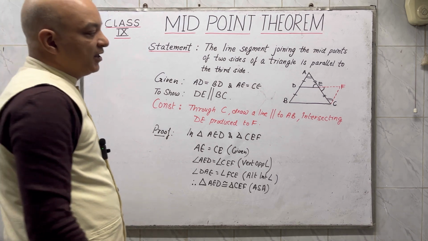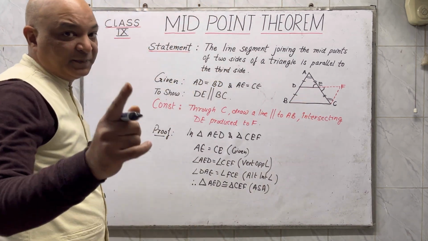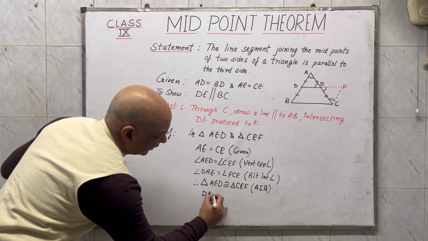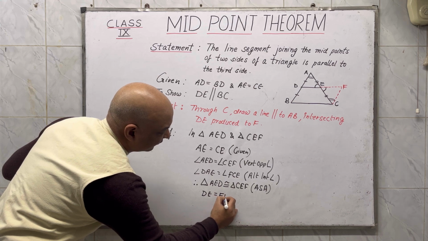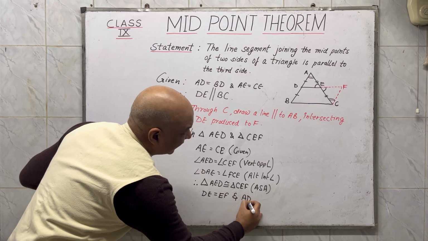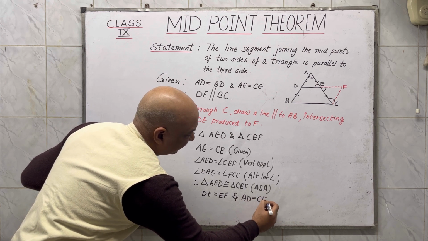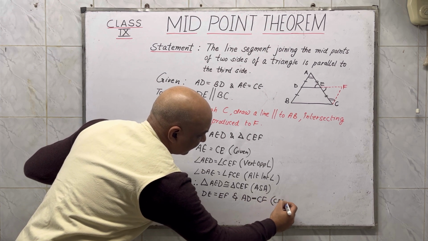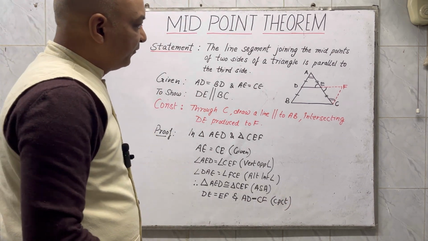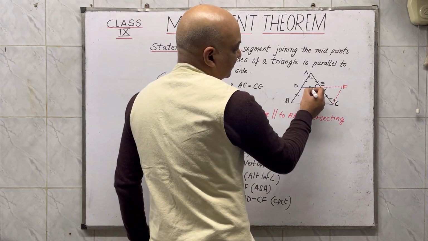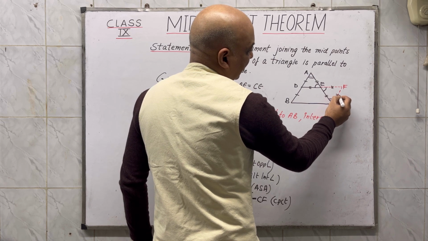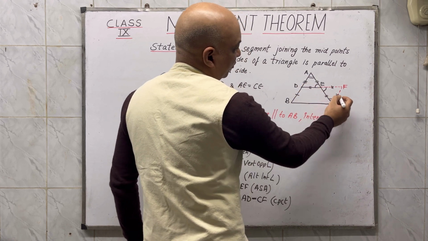Now, immediately after that, I will write down by CPCT that DE equal to EF and AD equal to CF. Okay, so I have proved these two sides equal as well as AD and CF also to be equal.